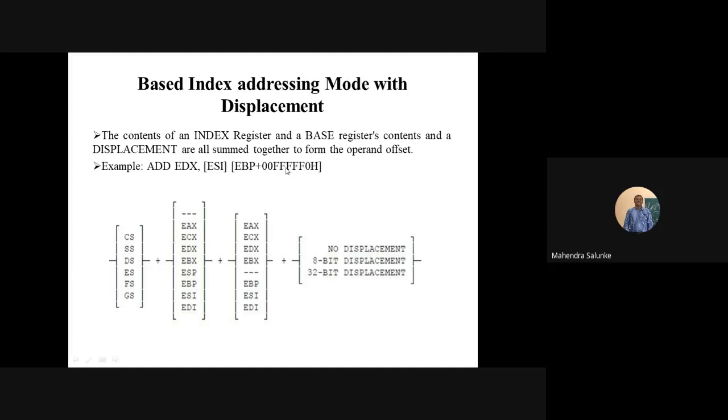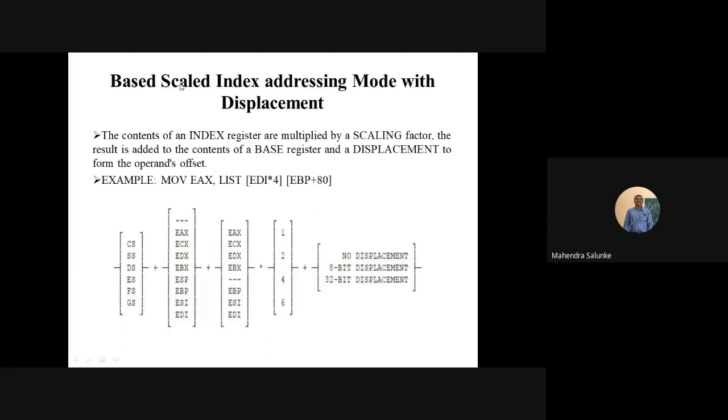Then the last one is the base scaled index addressing mode with displacement. So all four components are there. What are those? The base register is here, the index register is there, which is scaled by the scaling factor 1, 2, 4, or 8, and the displacement is there.